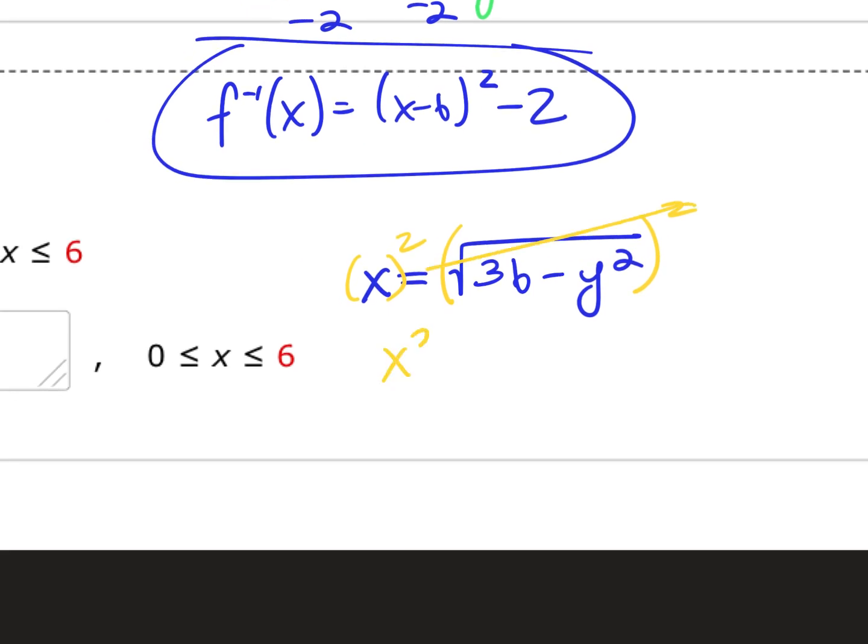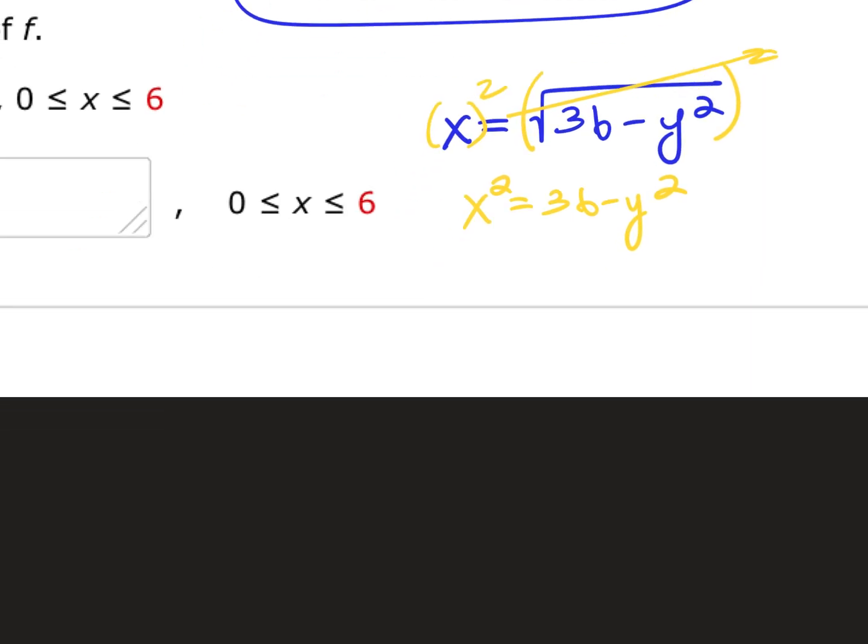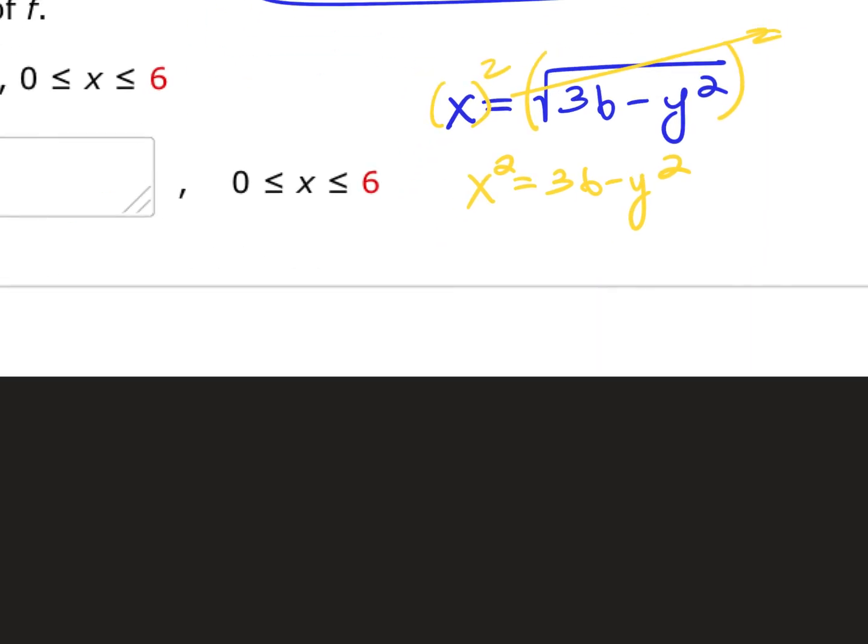So I have x squared equals 36 minus y squared. All right, we're still trying to get y all by itself. Subtract 36. So x squared minus 36 equals negative y squared. What's the problem there? Good, Zach. We're going to divide by negative 1.